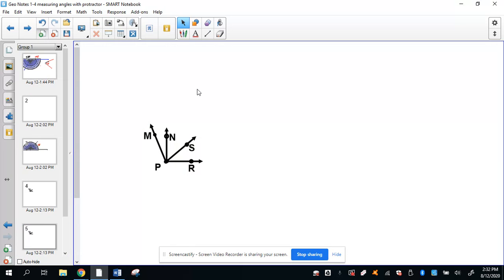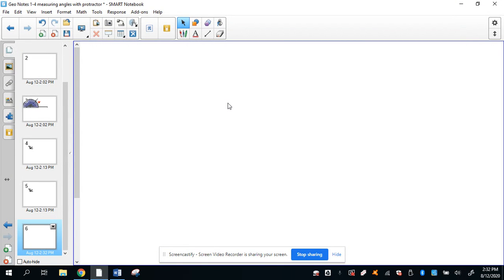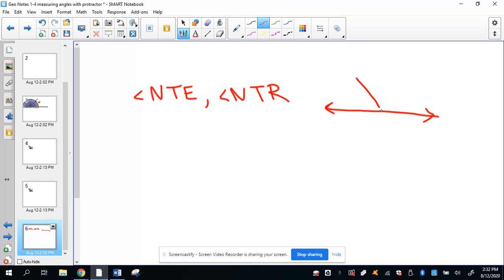Okay, so I cannot get there right now, so I will answer the question here in Smart Notebook. So we have two supplementary adjacent angles. There are a lot of different answers, like angle NTE and angle NTR, but any angle pair that forms a line.